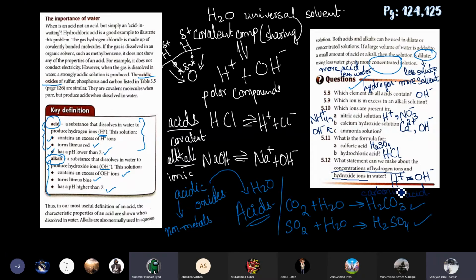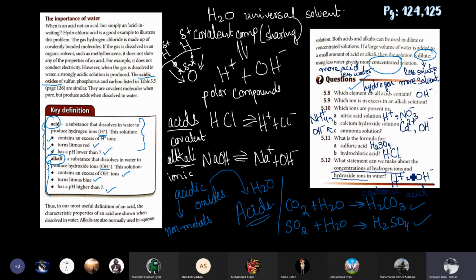So the statement is that the concentration of hydrogen ions is equal to the concentration of hydroxide ions in water. H positive is equal to OH negative.